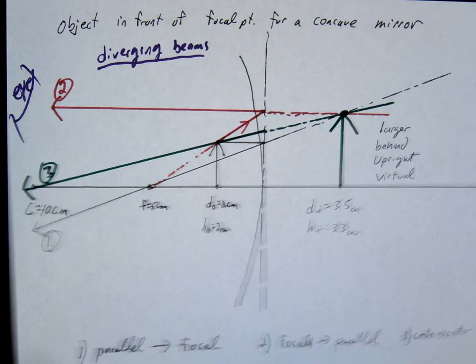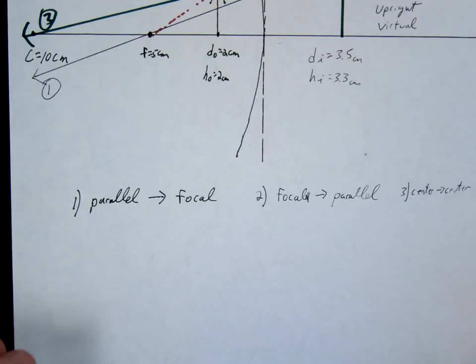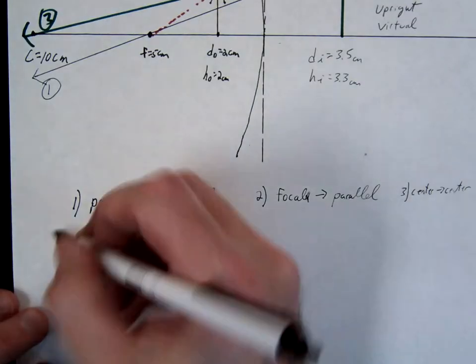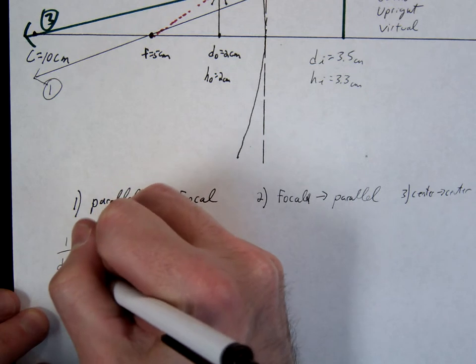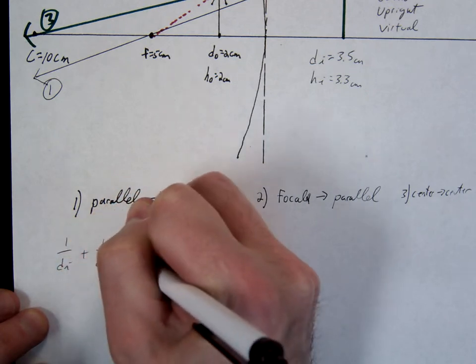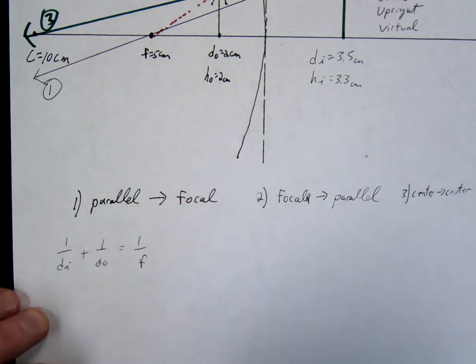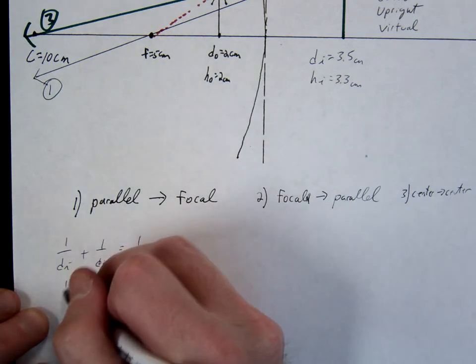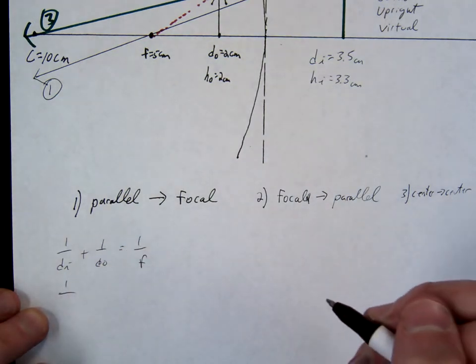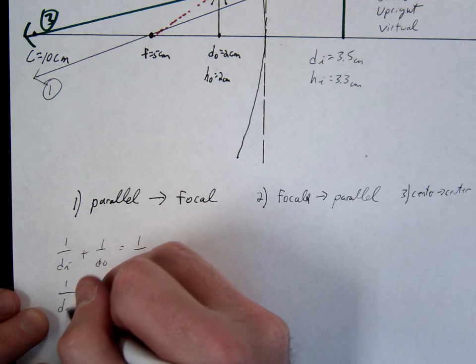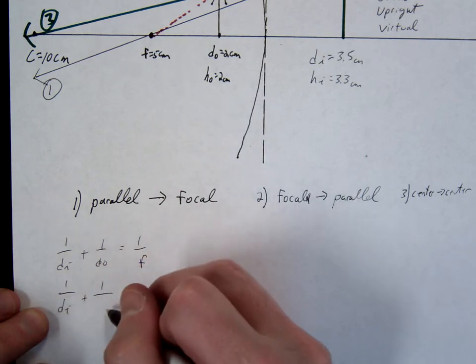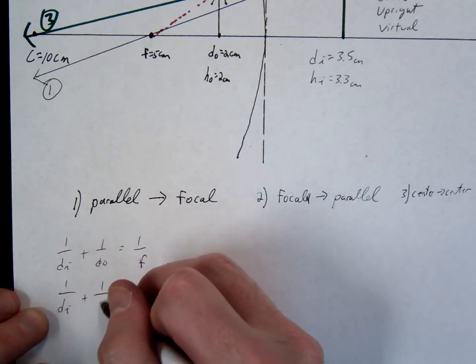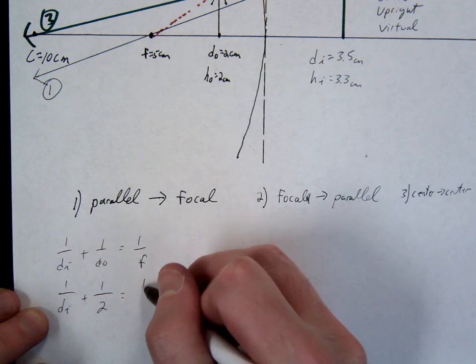Alright, let's go calculate it. Let's see what we should be getting. So the equations are the same. If we drew it perfect, let's see what we should have gotten. Okay, 1 over di plus 1 over 2 should equal 1 over 5.